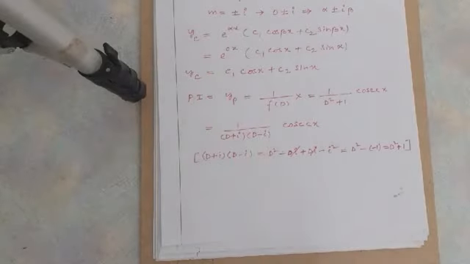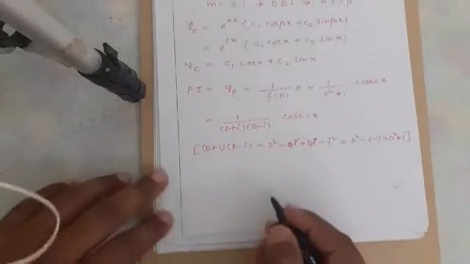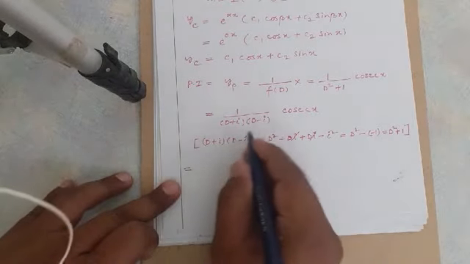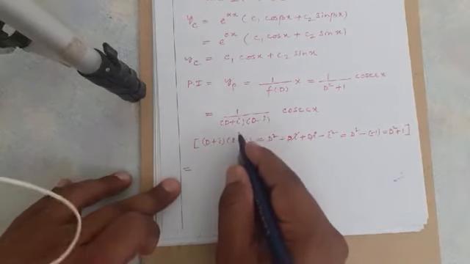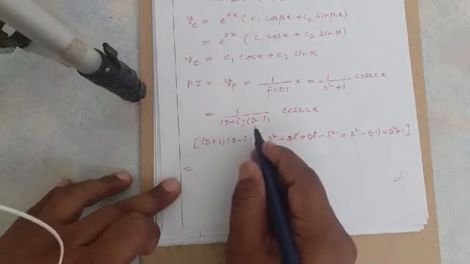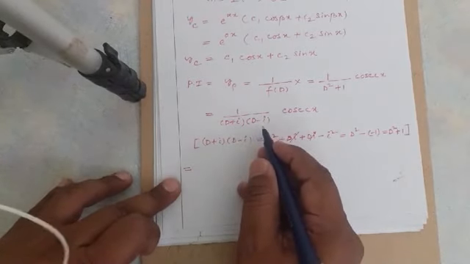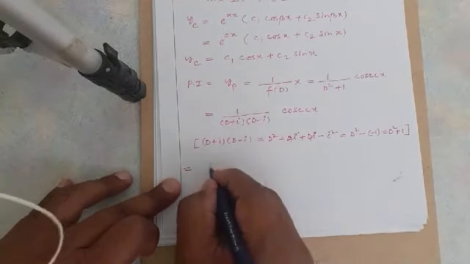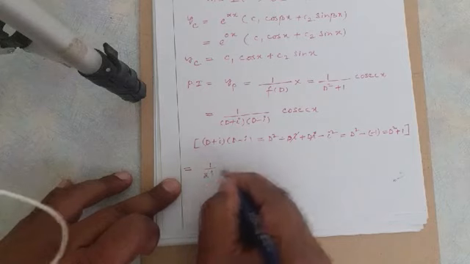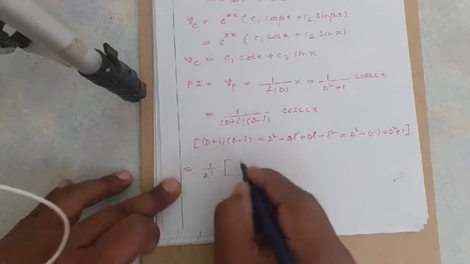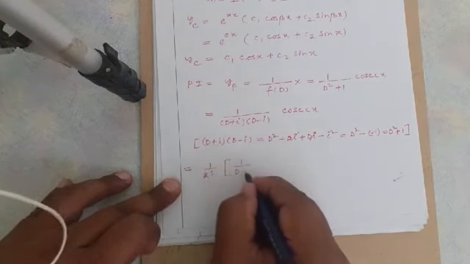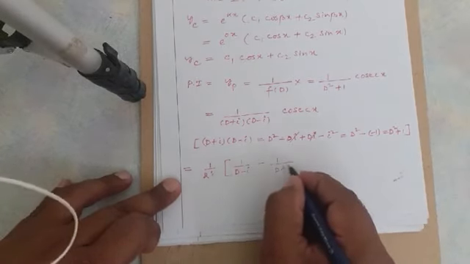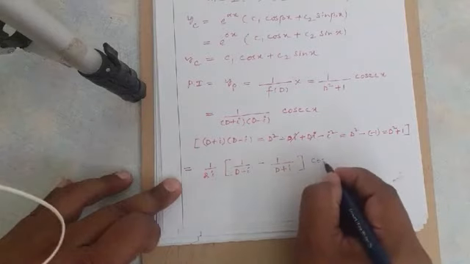Now in the next step, by using partial fractions, you can take A upon D plus i plus B upon D minus i, and you can find that this is 1 upon 2i into (1 upon D minus i minus 1 upon D plus i), into cosec x.